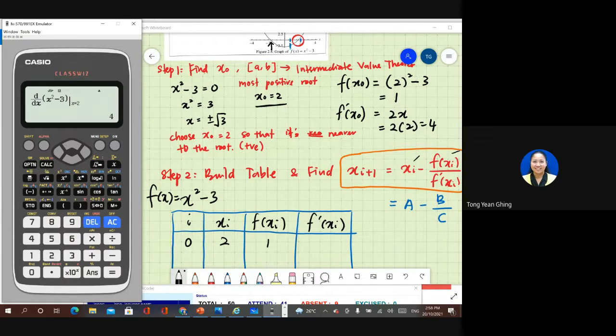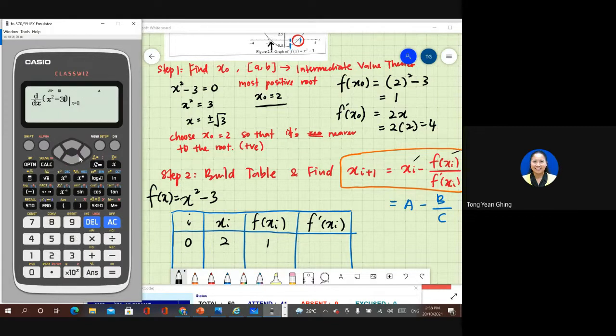Okay, so when I want to differentiate this equation, saya tekan AC. So now go to shift, saya tekan shift. Lepas tu awak nampak yang ni, pengamiran, integrate ni. This one, press this one, and then alpha x square minus 3.